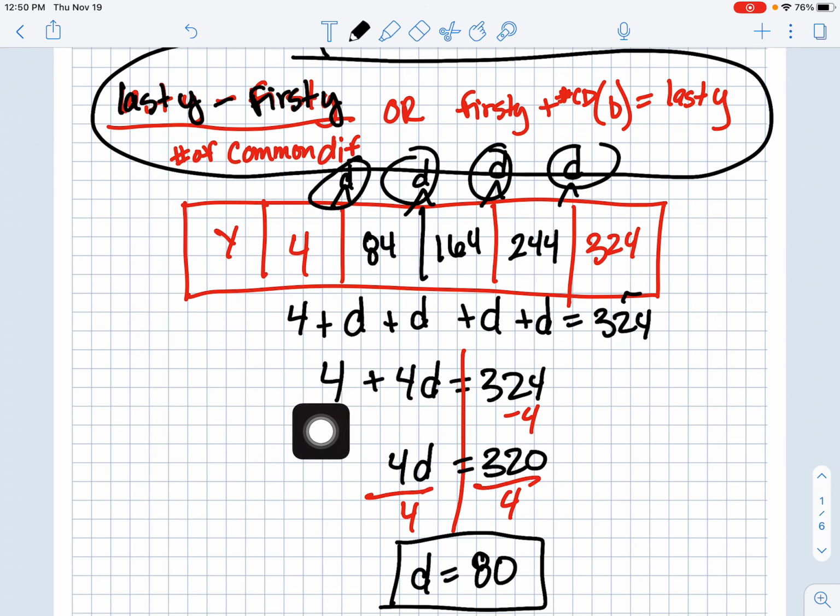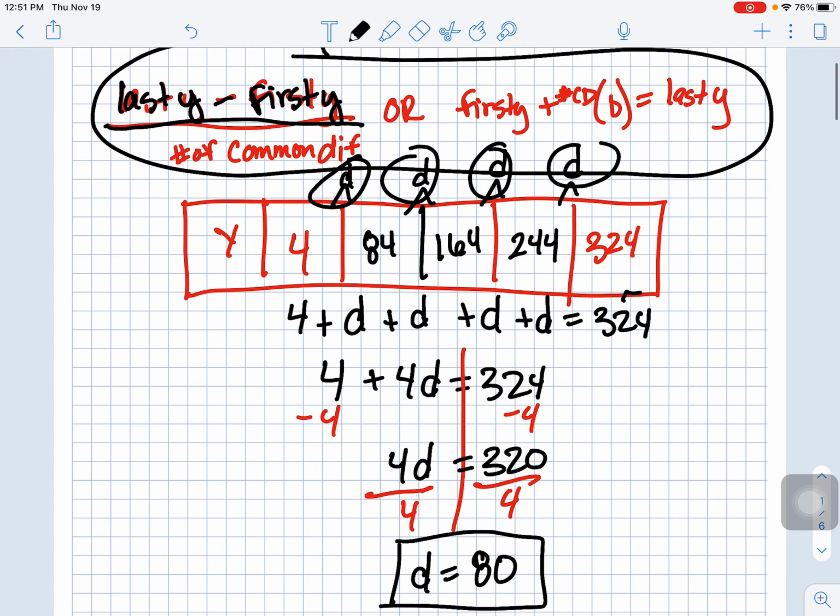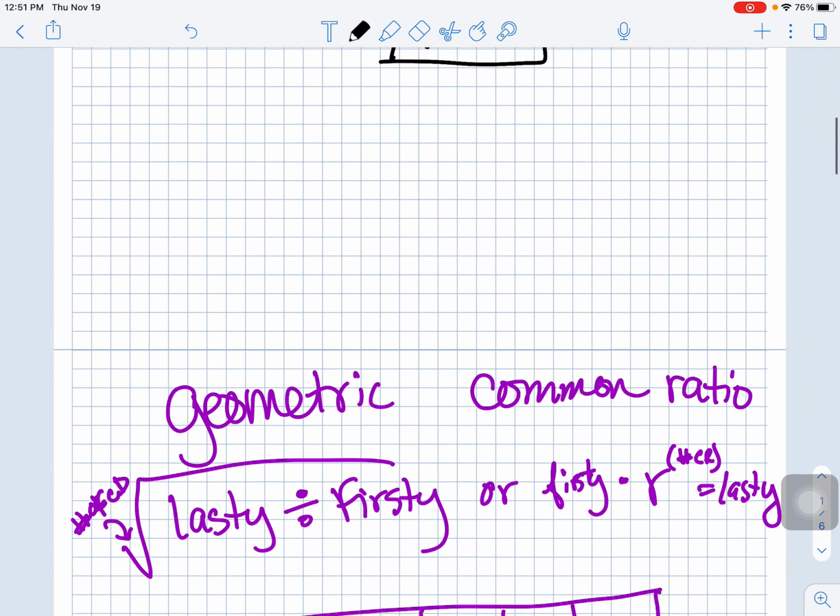That's what we have down here. Last minus the first gave me 320. And then you're going to divide that number by the number of common differences, which we did here. We divided both sides by 4. So hopefully you just rewrite the table and use these same steps to answer the rest of the questions in the Ready for the arithmetic ones.